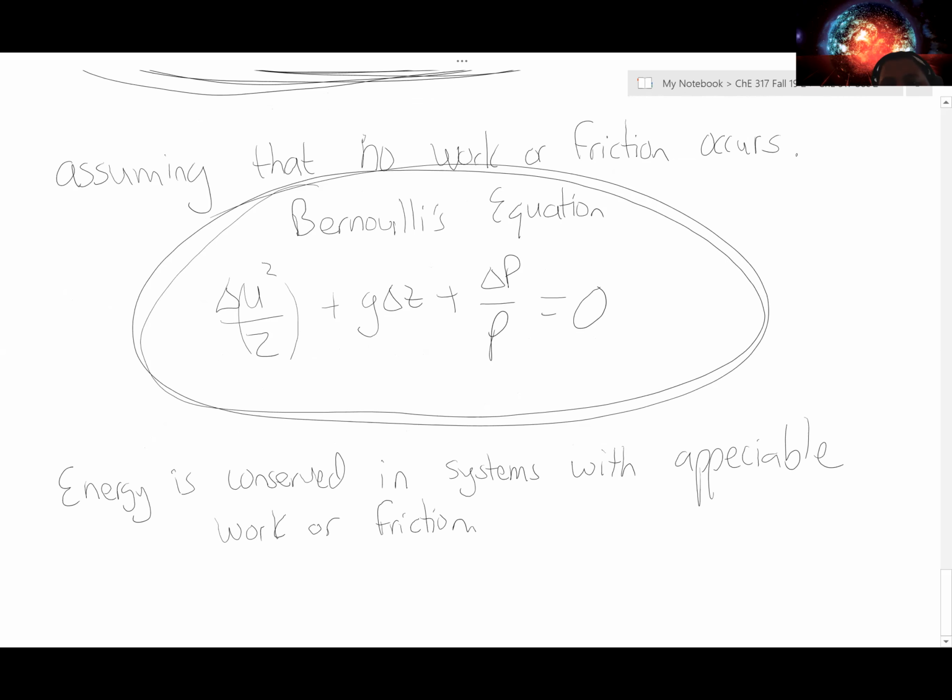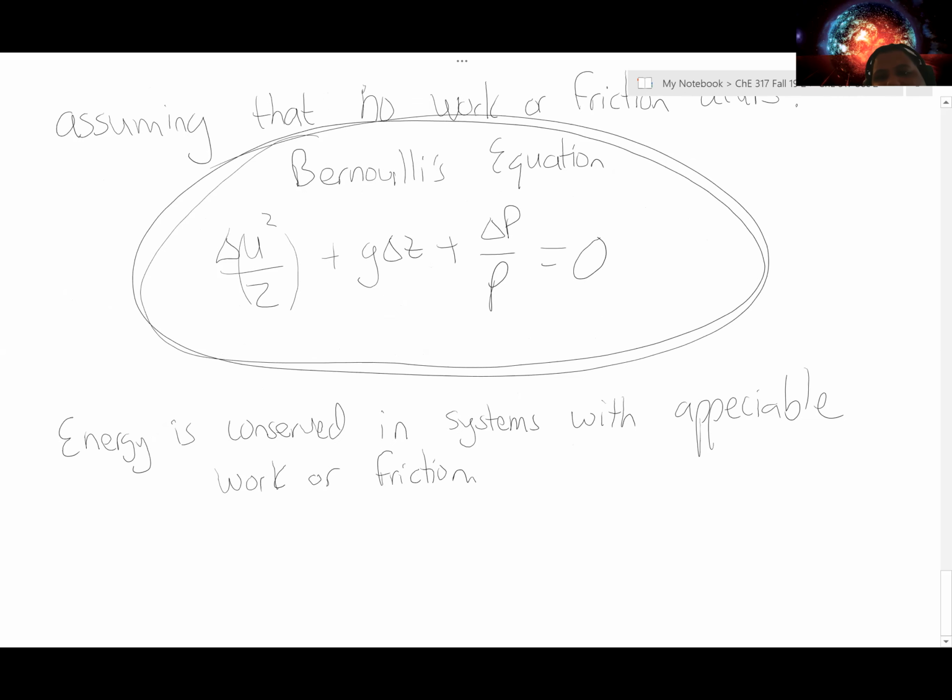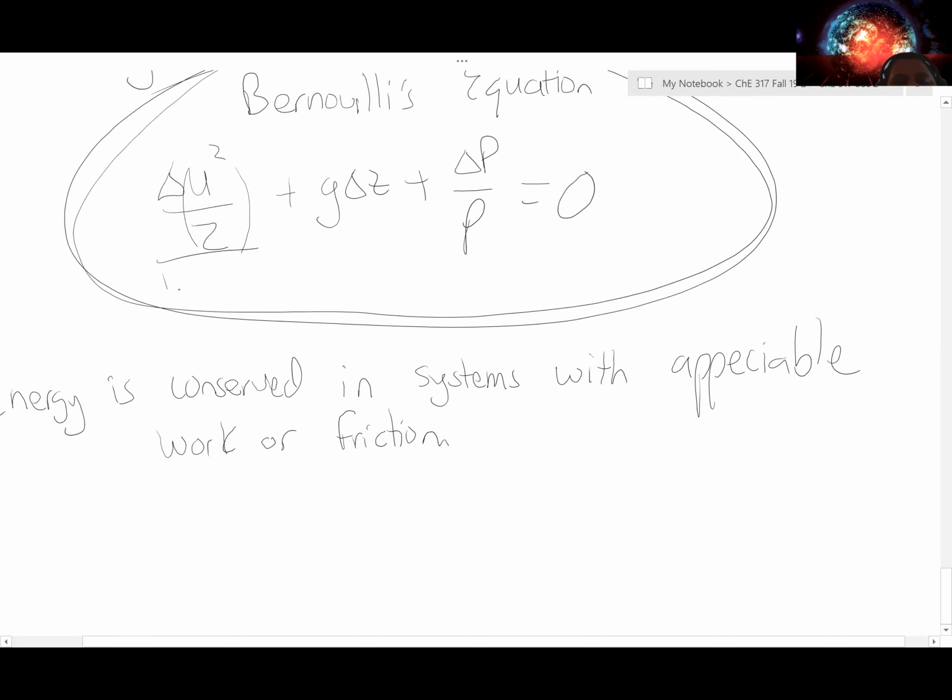And what that means is if you're looking at a comparison in energy between two states in a fluid, the energy will transfer itself between one of these three quote unquote states, where we have kinetic energy, we have potential, and we have a pressure, which is like a potential energy, only it's not necessarily true potential, right?